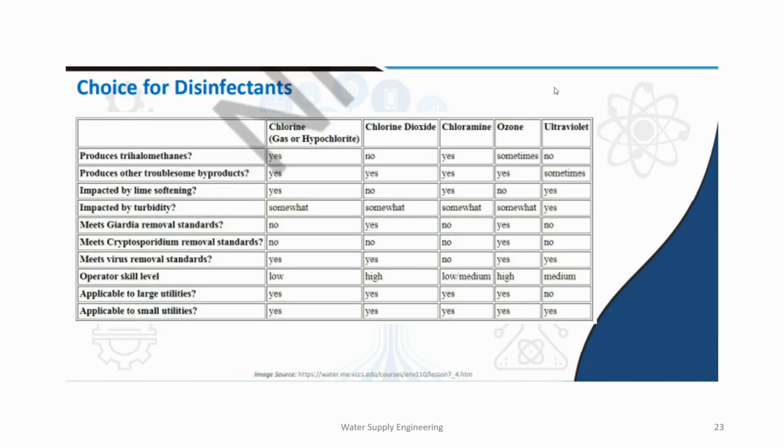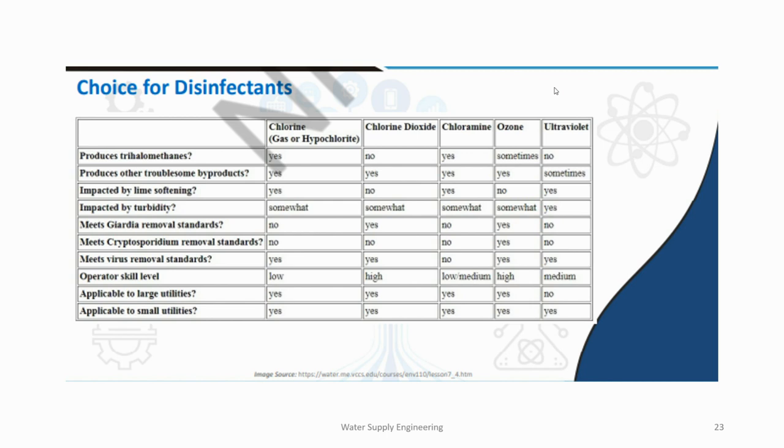So, when we choose a disinfectant for a particular application, there are certain factors to be considered. For example, does it produce trihalomethane? Does it produce some troublesome byproducts? Is it impacted by lime softening? Is it impacted by turbidity? Does it meet Giardia removal standards or Cryptosporidium removal standards?